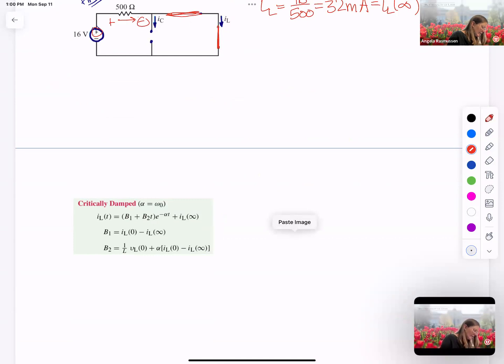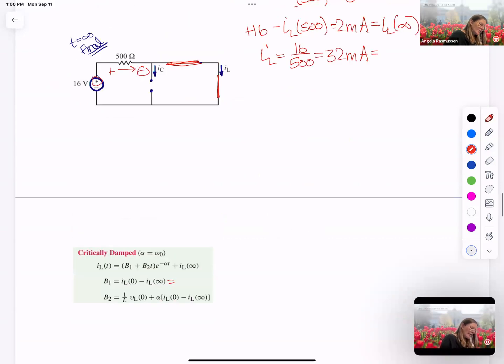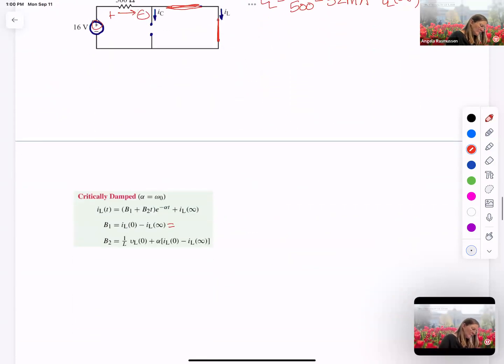And then here I'm going to have IL of 0 was 0. So I'm just going to have a minus 32 milliamps. And here I have 1 over L times 16 plus 400 times minus 32 milli, and that gives me minus 6.4.